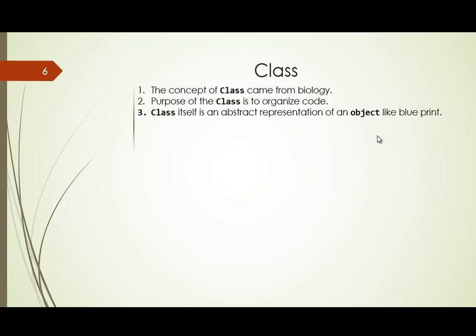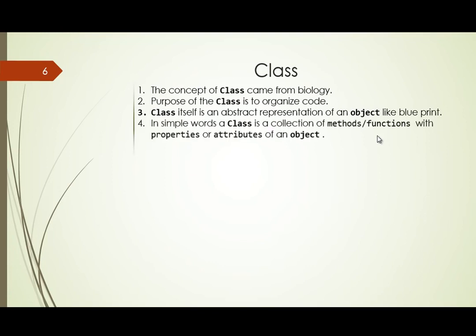Let's say you have a person class. A class says a person should have a first name or last name, but it does not say what the first name would be, what the last name should be. It's just abstract. In simple words, a class is a collection of methods and properties.